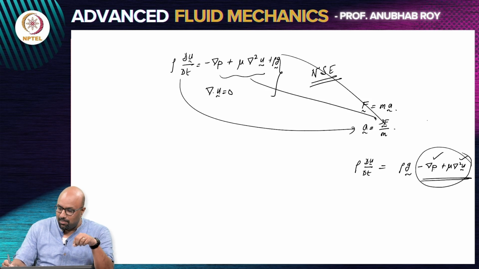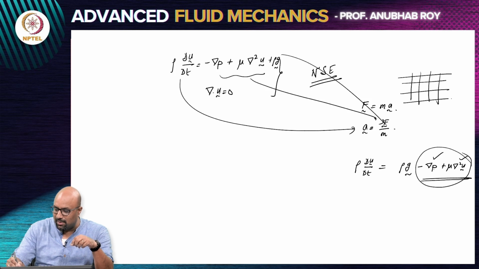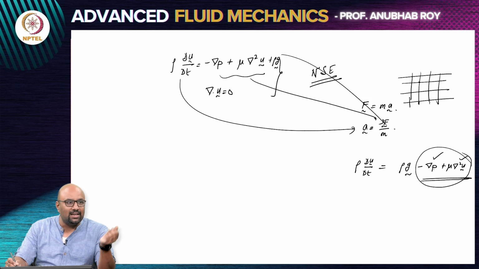So, at a given point, if you have been doing courses in numerical methods, or you will probably do at some point, you will say that I want to find out the pressure gradient at a particular point. What do you do? You find out what is the value of pressure in all the neighboring cells and use that to find the value of pressure there, which means that the value of pressure gradient at a particular point cares about the value of pressure in the neighboring location. That is a non-locality in terms of information.